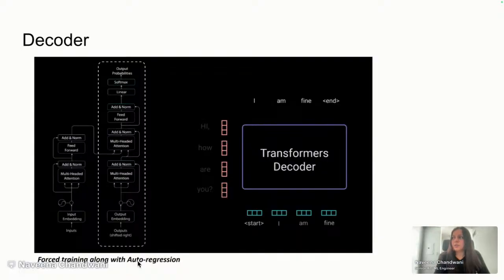And we see two new words here: forced training along with autoregression. This means that while training, even if the decoder were to generate a longer sequence, because it's still learning and making mistakes, if you have ground truths that are provided and you see this end of sequence, it will stop.